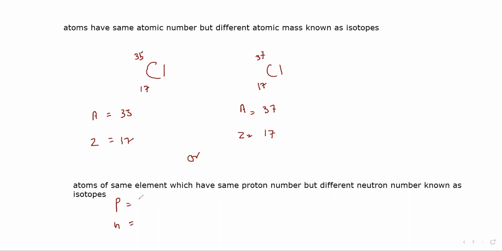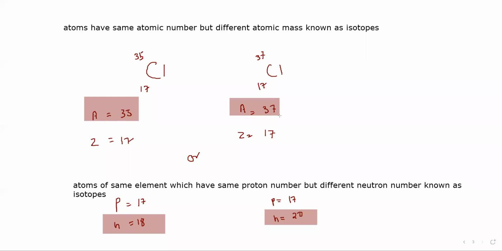When you check the other one, it has 17 protons, but for neutrons, 37 minus 17 is equal to 20. So they have the same proton number but different neutron number, we call isotopes. Or same atomic number but different atomic mass, we can also say isotopes.